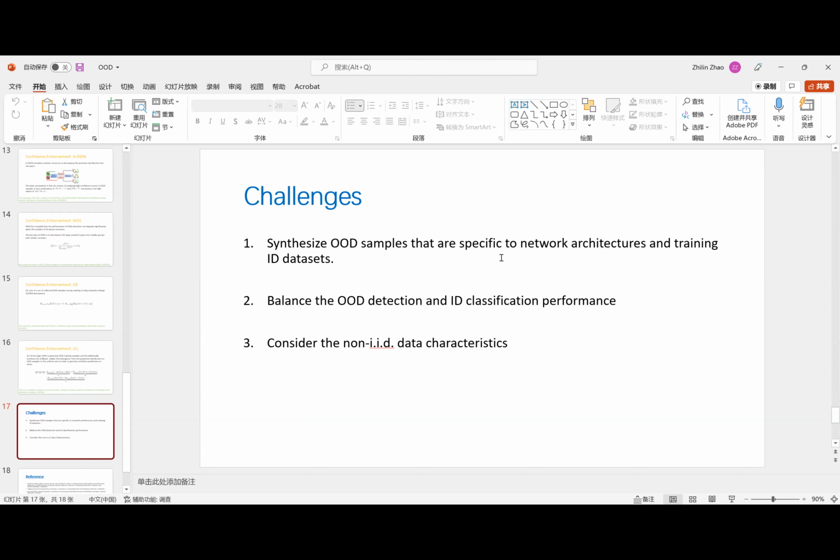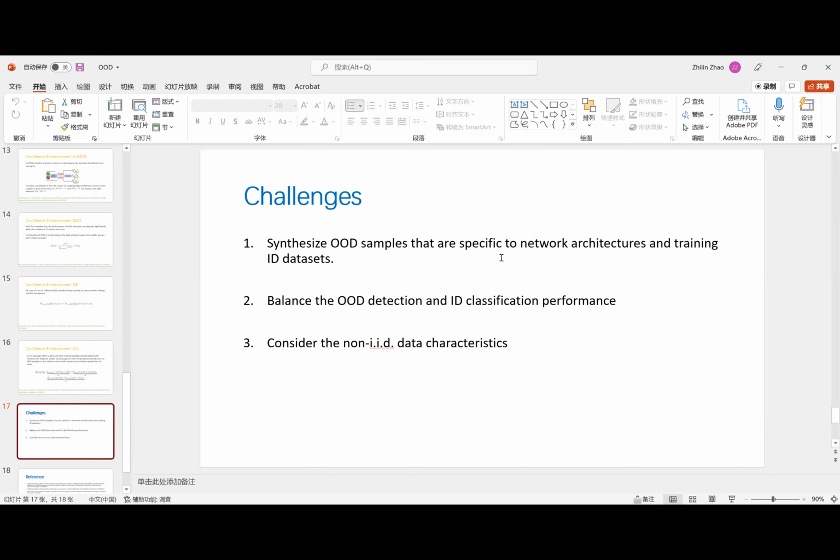So what kinds of non-IID characteristics are sensitive to the OD samples? It's very hard for us to answer this question, but this research question is very challenging.